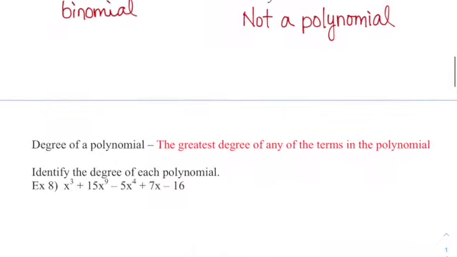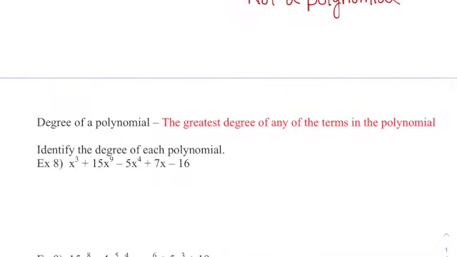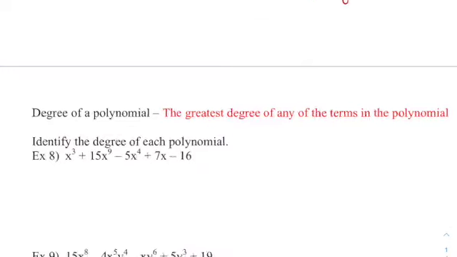A polynomial's degree you find by saying find the greatest degree of any of the terms. You need to find the degree for every single term first, and we are going to pick the biggest one. Okay, so let's take a look at example 8.